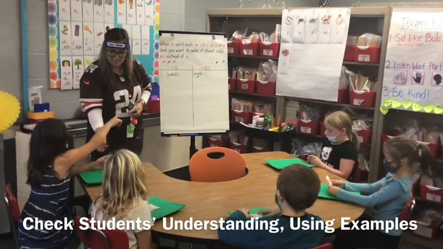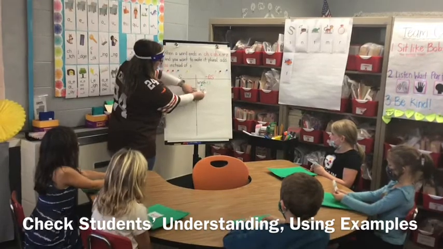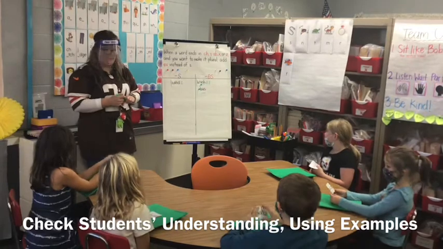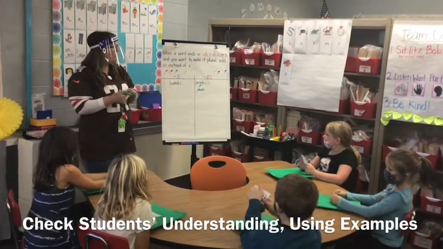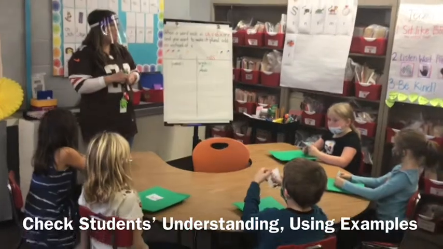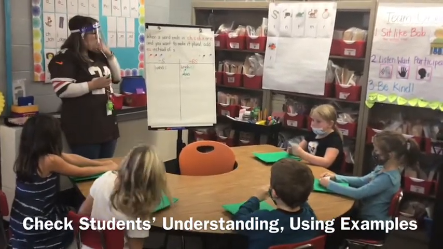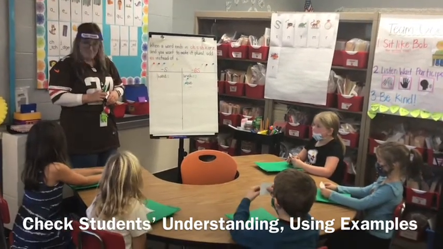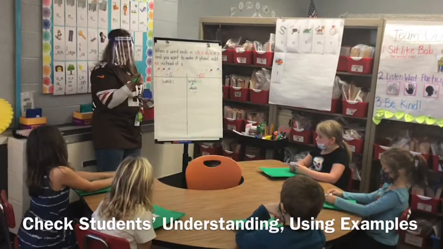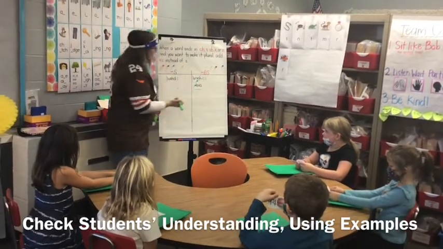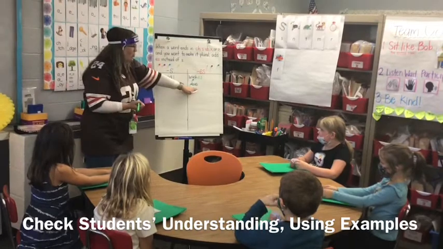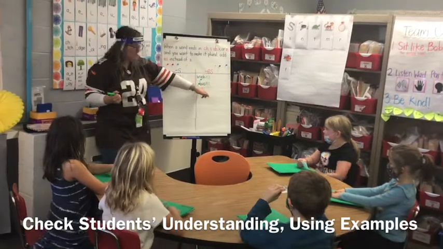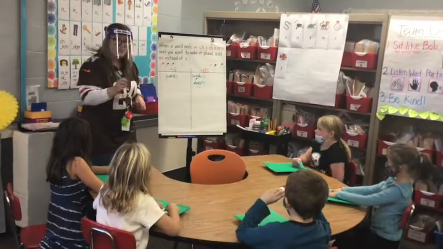Because when a word ends in CH, S, SH, X, or Z, and you want to make it plural, add ES instead of S. Perfect. So we add ES. Lucy's word gets an ES because it fits that rule. So Lucy, your word was bus, but now what's your word? Buses. Awesome.